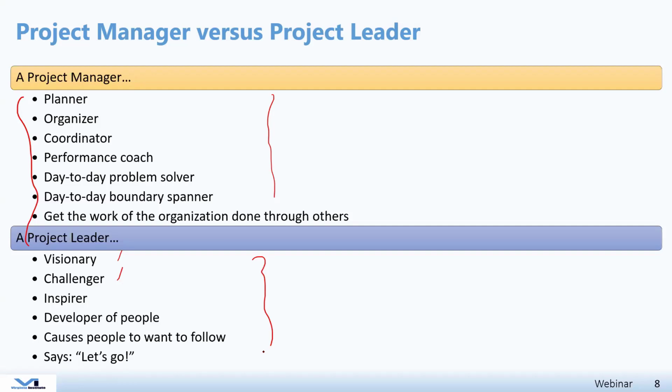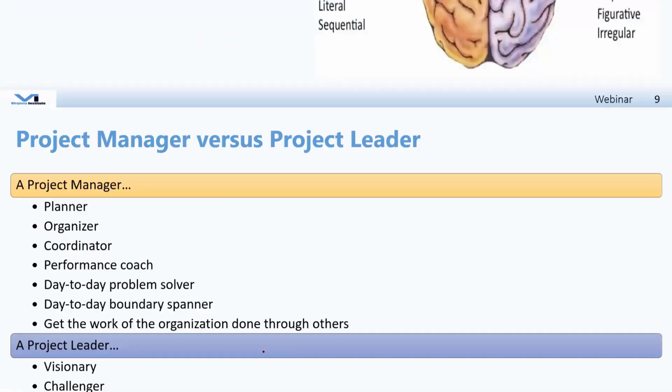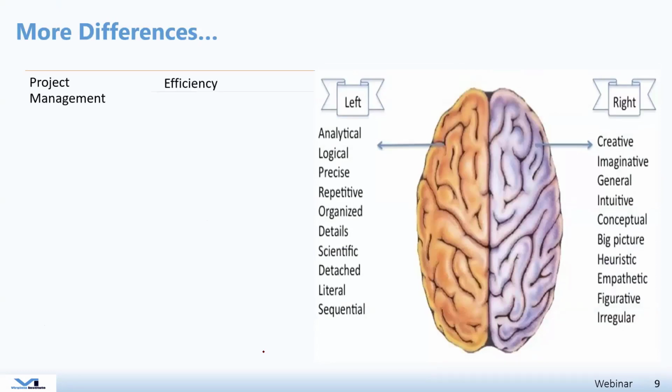Again, a balanced approach is what we aim at. We want you to be a project manager and a project leader at the same time. And the majority of you, when you responded that the project leader is made, you are right. Again, I emphasize that there are certain traits or characteristics that can help you to succeed as a project leader. So, more differences very quickly between project management and project leadership.